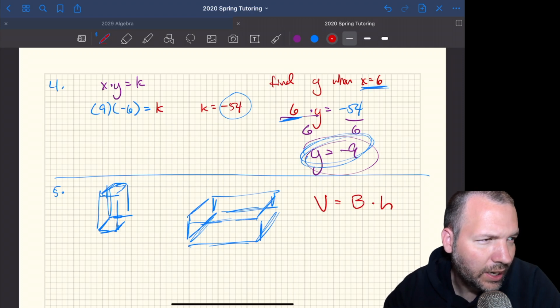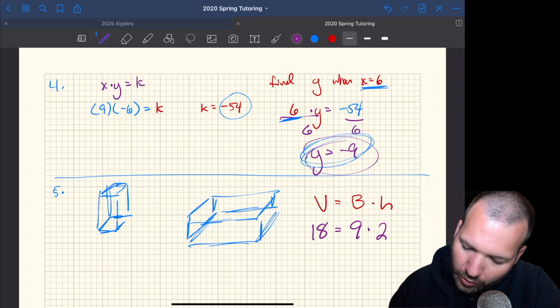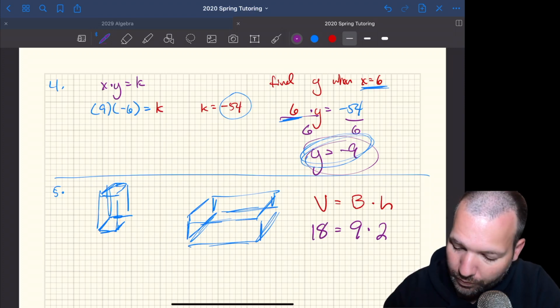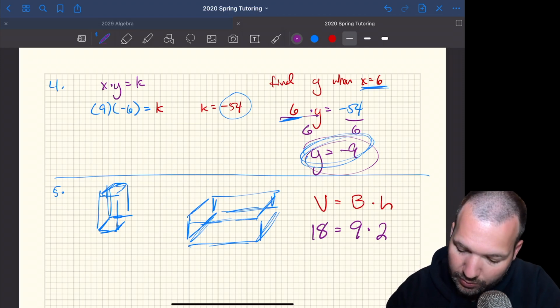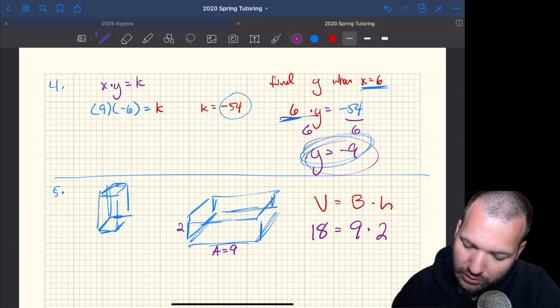So they're saying it has a height of 2 feet when the area of the base is 9. So this would be 9, and this would be 2. In other words, our constant product, which again in this case happens to correspond to volume, would be 18. How tall will the tank be if the area is made to be 6 instead? Using this picture, this would be the 9, 2 scenario, h equals 2.